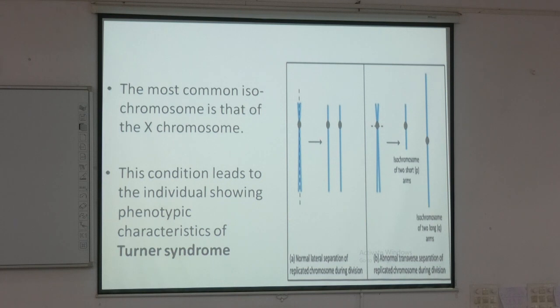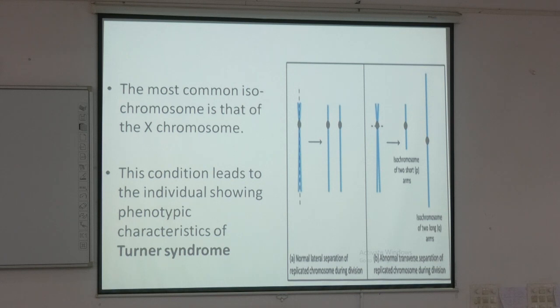So this is the normal thing which happens during separation. Now, if this separation goes wrong, if the microspindle is anchored at a wrong point within the centromere, it can happen that the chromosome snaps horizontally like this, and the two small arms separate from the long arms. So the two long arms move to one pole and the short arms move to the opposite pole. This creates chromosomes which have only two short arms or only two long arms.